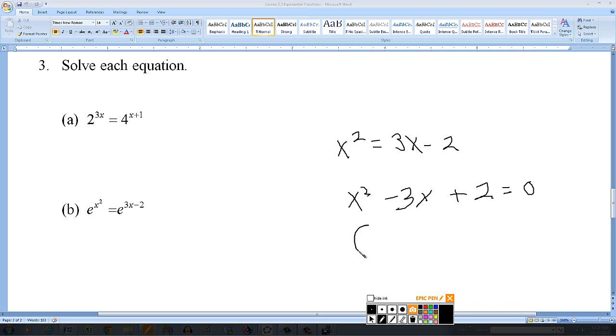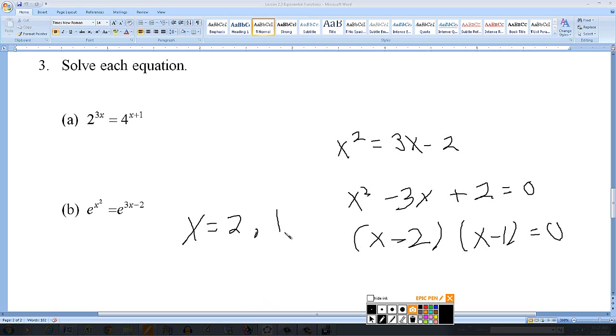This one easily factors into x minus 2 and x minus 1. Okay, you can check out the multiplication there. So we set each factor equal to 0 then, and we get that x has to be either 2 or 1.